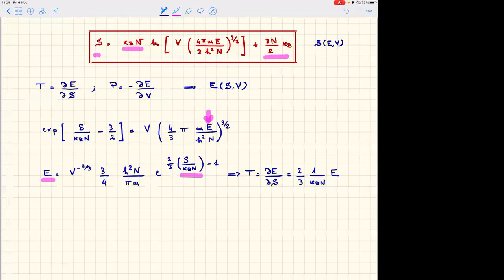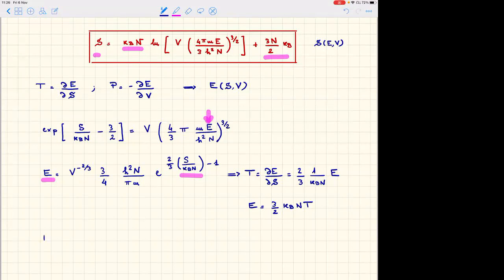You agree? Everybody agrees with this? Good. And therefore the energy is equal to 3/2 K Boltzmann N times T. Which is, by the way, a particular case of something much more general that is called the Equipartition Theorem. Okay?